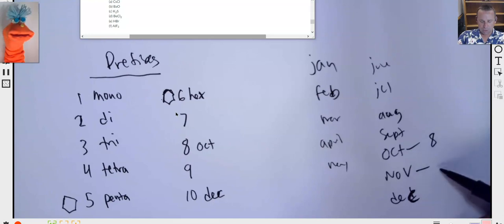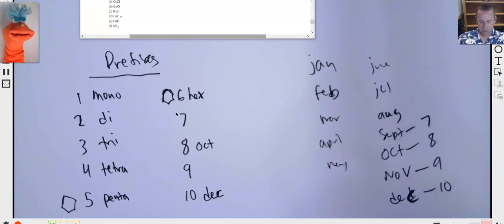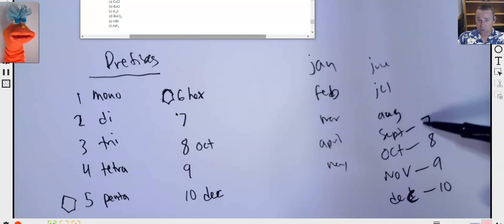October is 8, November is 9, December is 10, September is 7. So look at that. We have the numbers built into the months. I always have trouble remembering which number each month is, right? Well, now we don't have to ever forget.